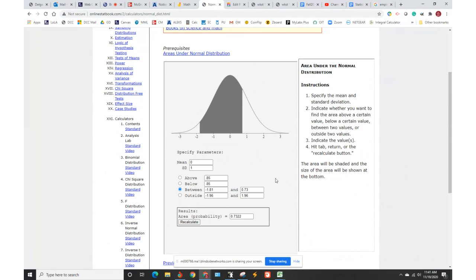Now, that's the value we're looking for when we're looking for the between. So we're doing it like this because our calculator is not this sophisticated, but we're going to look at first the larger one. In other words, the higher number, which is 0.73.